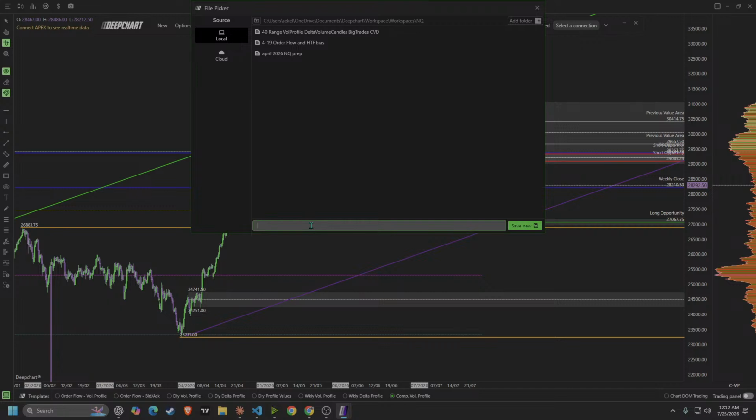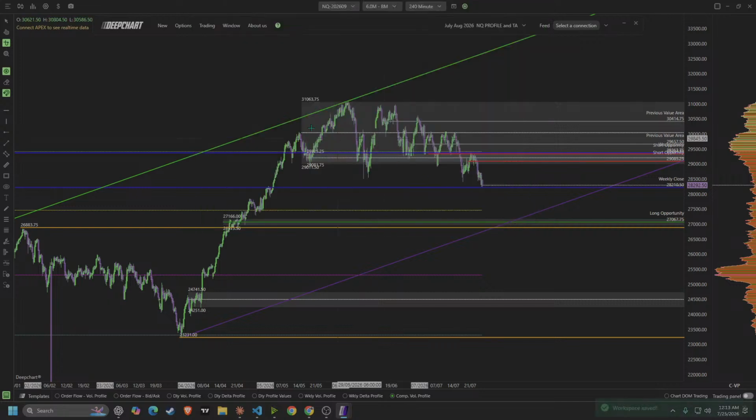This is gonna be August. It's almost August, not quite, but July, August 2026, NQ profile and TA. All right.